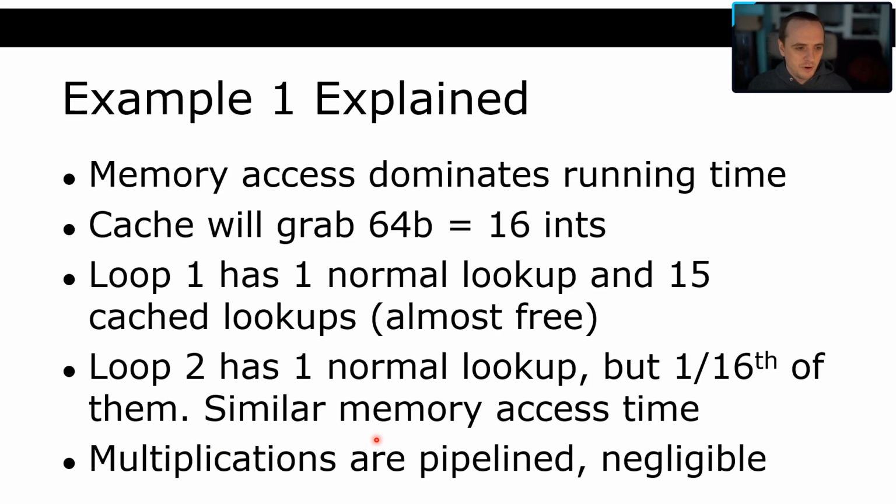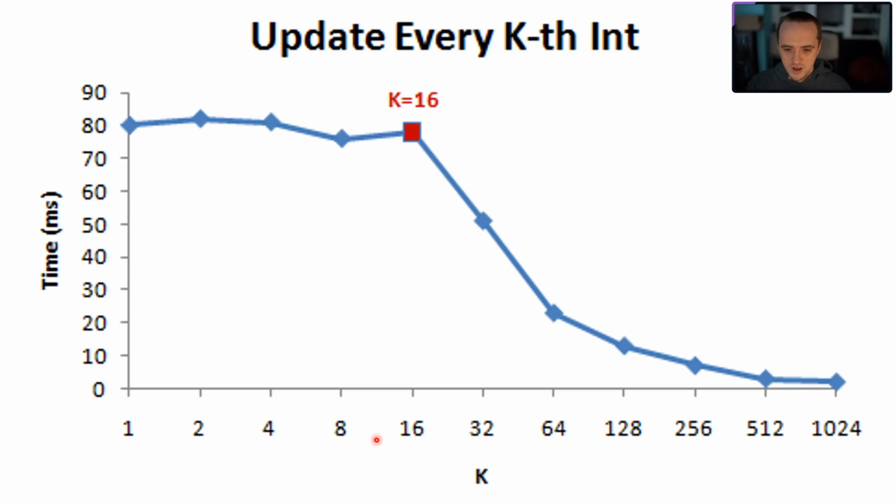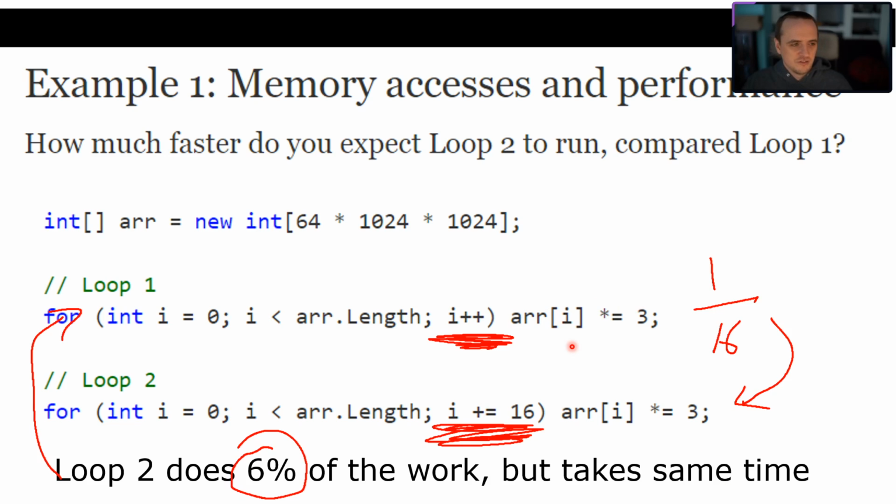I don't know if you talked about pipelining in your architecture course, but these multiplications are all just parallelized. The CPU just does all of them at the same time. It's no problem. And so what's happening here is every time we fetch for k equal to 1 in loop 1, the cache is grabbing the next 15 things as well. So it's getting 16 things.